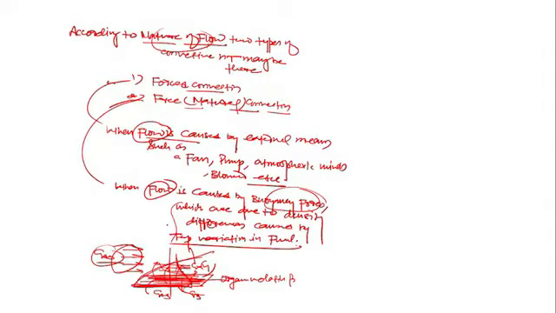Listen, I told you, the word convection is not only for heat transfer, it is also equally important for mass transfer, because convection involves the combined mode of flow. The convective flow involves the random motion as well as the bulk motion.